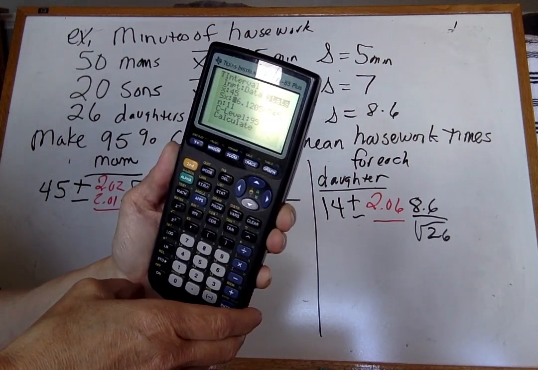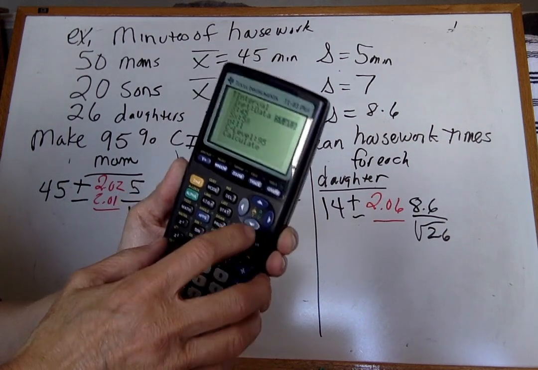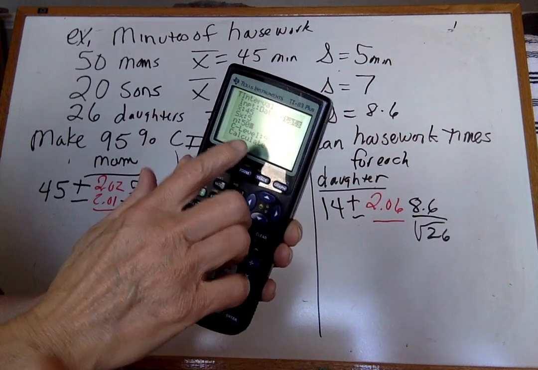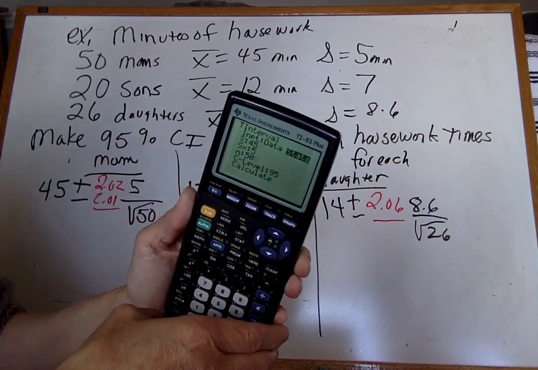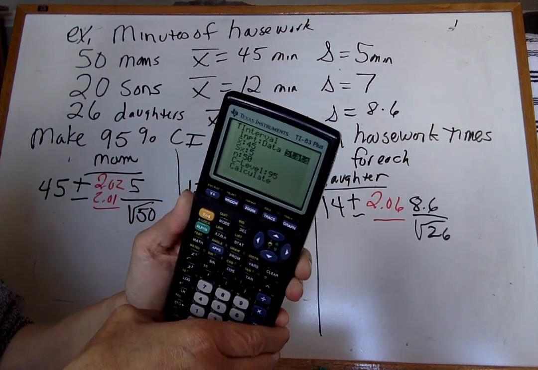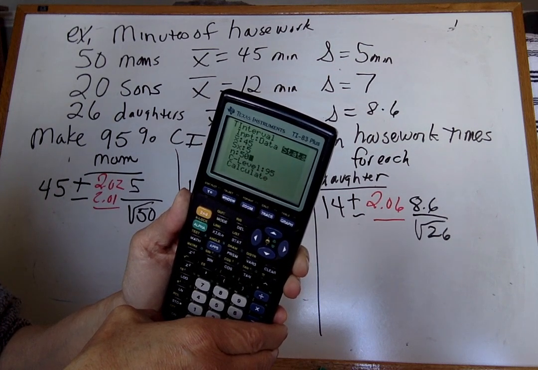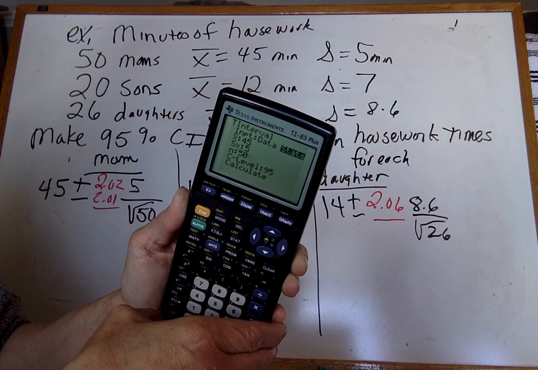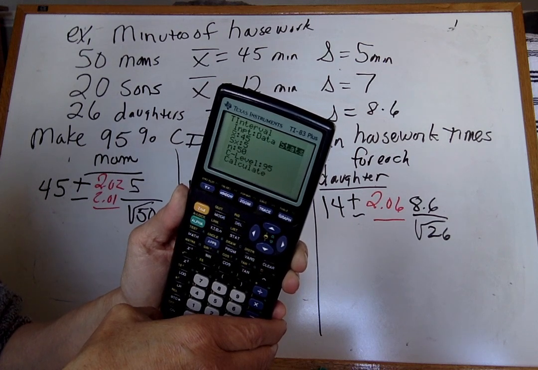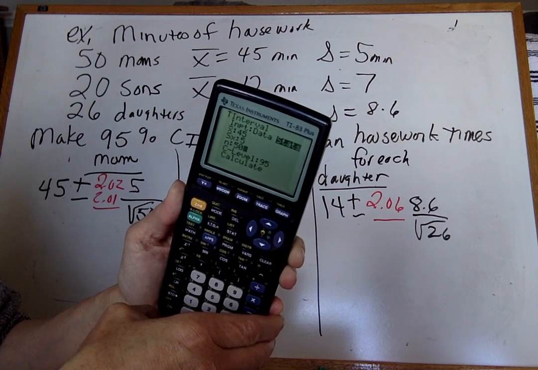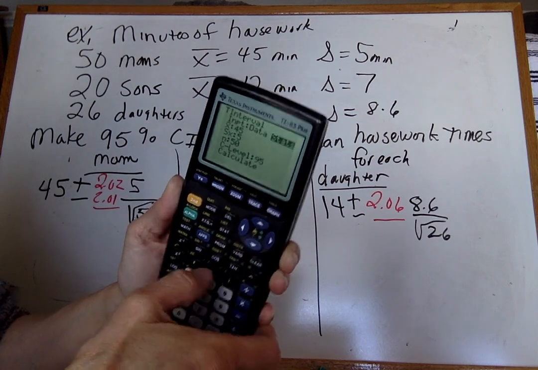For the moms was 5. The N was 50. C level, 95. If you have a Casio, you have to put in the C level as 0.95. But all of the TIs will handle it as just the number 95. And then hit calculate.